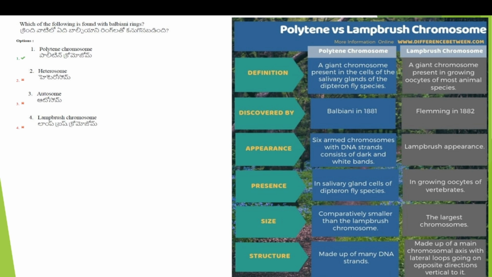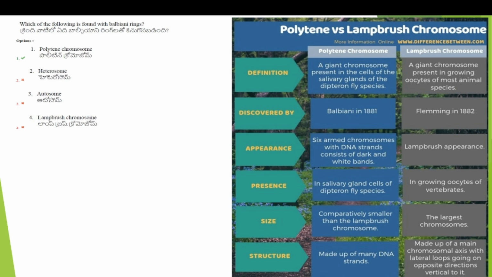Because of that, repeated replications of DNA lead to a large amount of DNA concentrated in a particular nucleus. Because of that, they fold multiple times. They fold and form these ring-like structures called Balbiani rings. So polytene chromosomes exhibit Balbiani rings, and they are observed in salivary gland cells of insects.